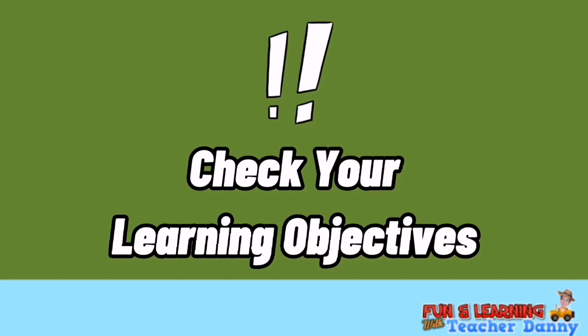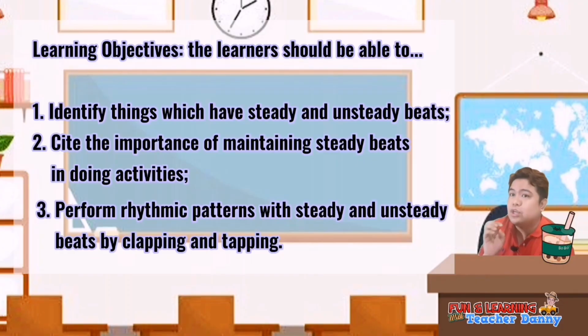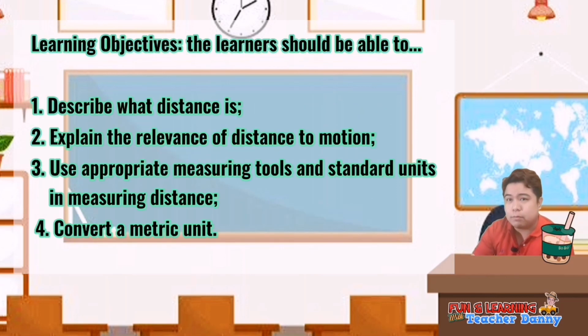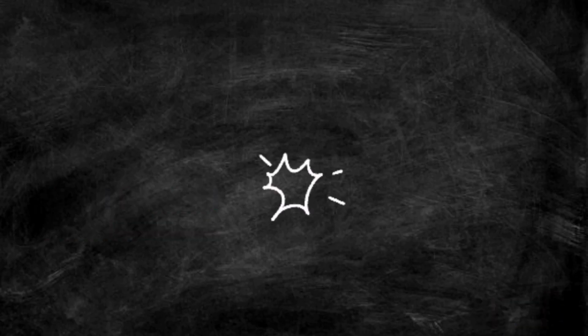If your objective is to perform rhythmic patterns with steady and unsteady beats by clapping and tapping, then let them do it by performing. But if it is to use appropriate measuring tools and standard units in measuring distance, and if your objective is also to convert a metric unit, you may either let them demonstrate it or conduct a written test.